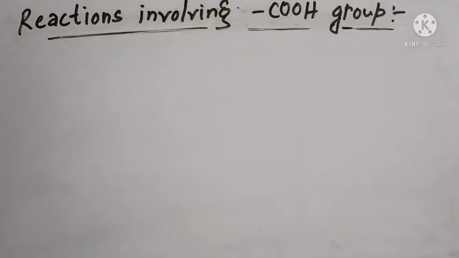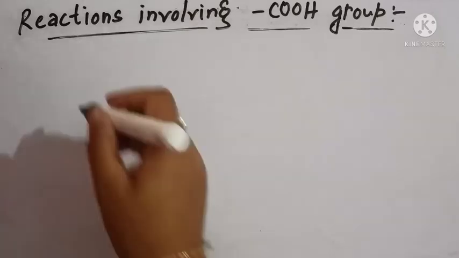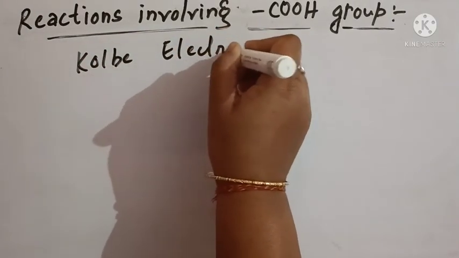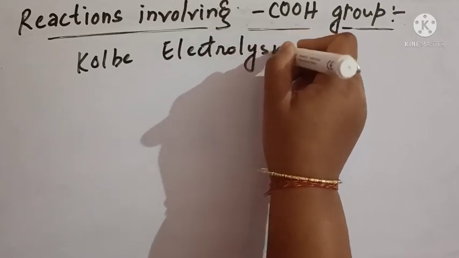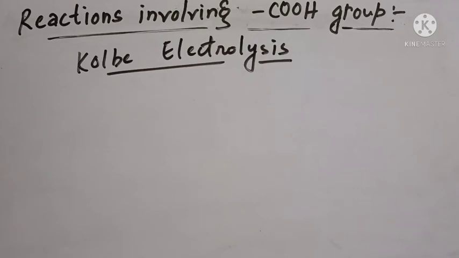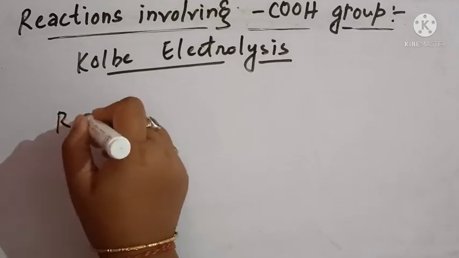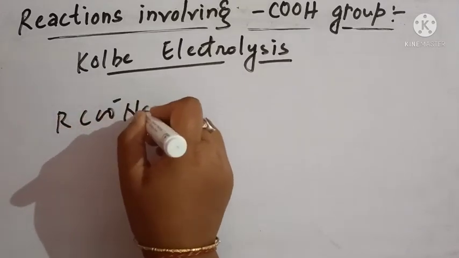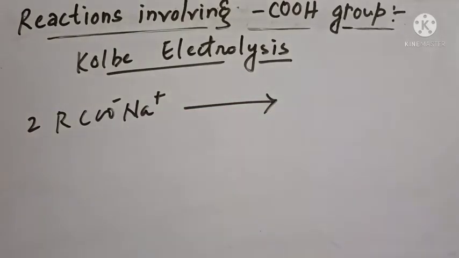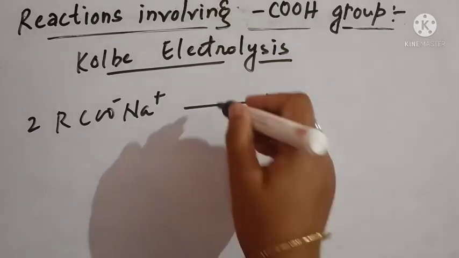So one more reaction is also there, in which the decarboxylation takes place, that is known as the Kolbe electrolysis. You might have learned about this in standard 11th in the preparation of the hydrocarbon. So in the Kolbe electrolysis, the alkali metal salt of the carboxylic acid, if I am just writing it, is electrolyzed in its aqueous solution.